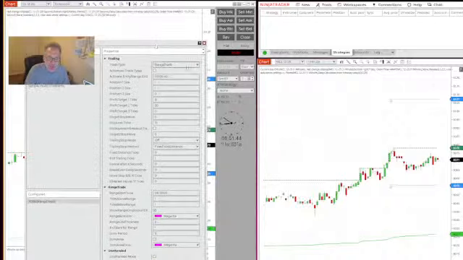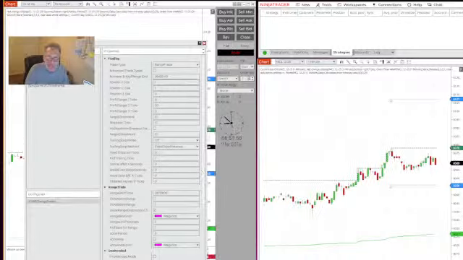We're starting the range. Range start time 8:59. One tick above the range, one tick below the range. Show the range graphics on the chart. All right. Scroll up, range end, 9:00:40.